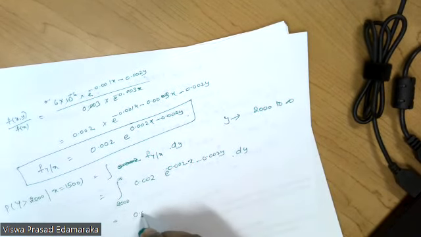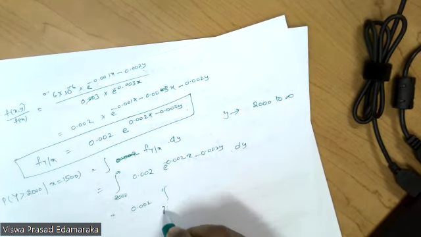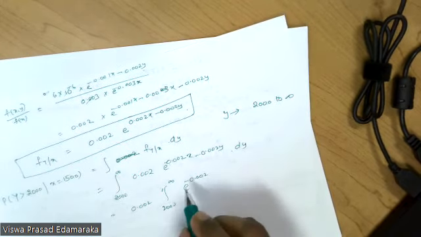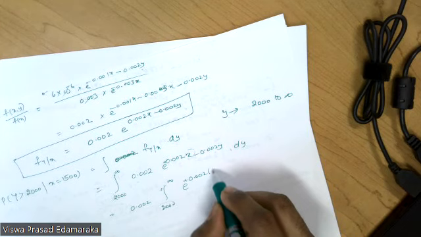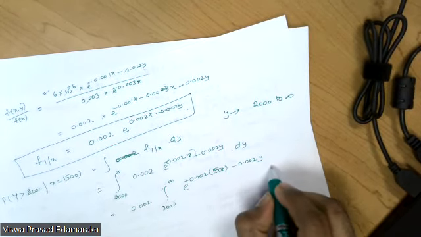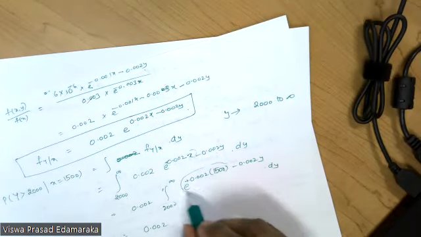So this is constant. Take it out, 0.002. And one more thing I need to do here is substitute. Sorry, this is plus x value. What is x value? 1500, he has given in the problem, minus 0.002y dy. So this value is constant.